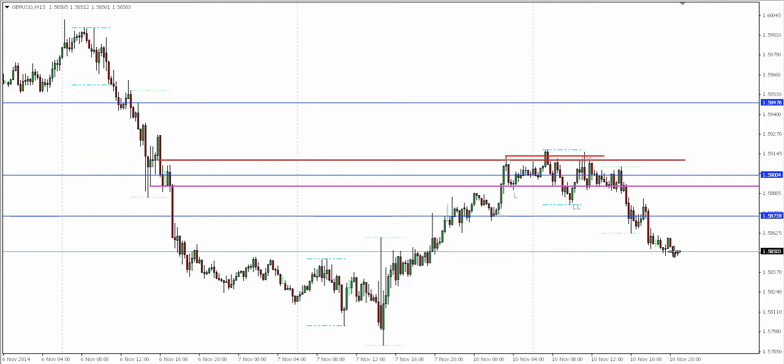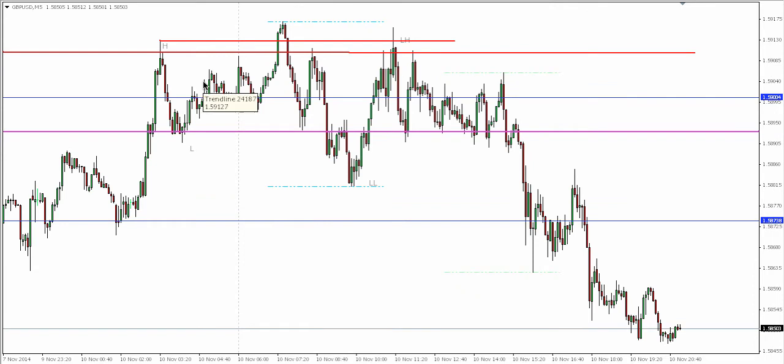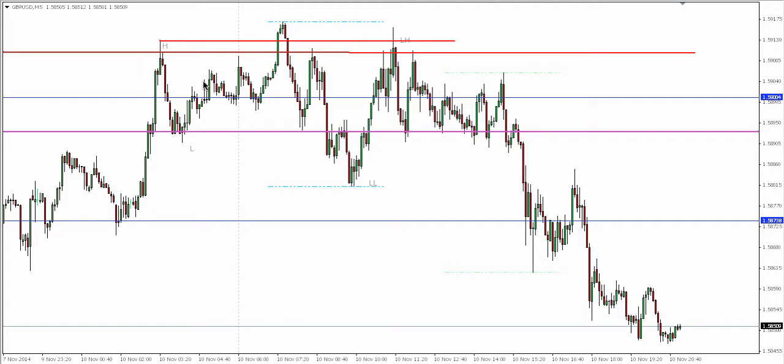So pretty awesome trade. Quasimodo pattern right there. As I have mentioned, this is a high probability pattern, especially if you take it in the direction of the trend, the direction of the main move. A beautiful trade, in my honest opinion.